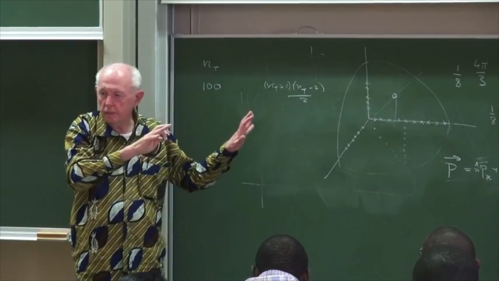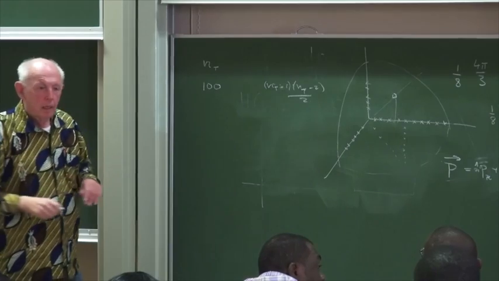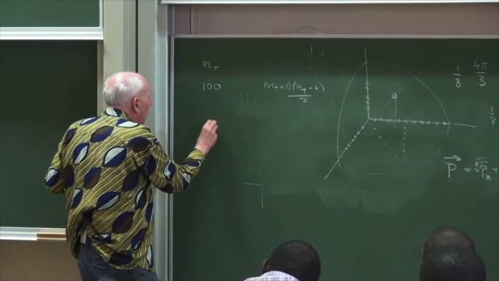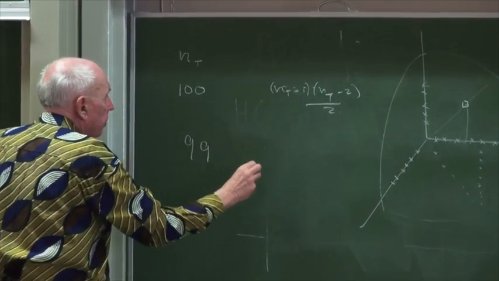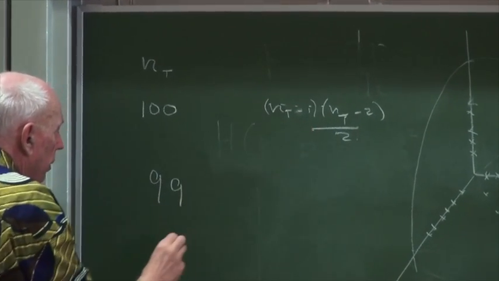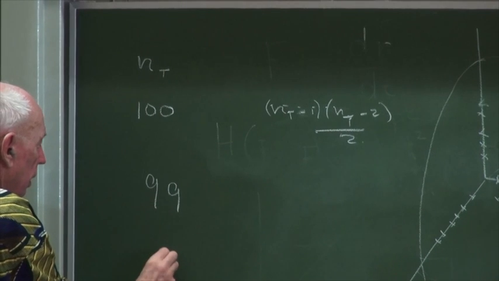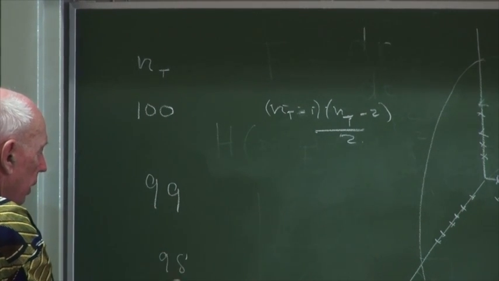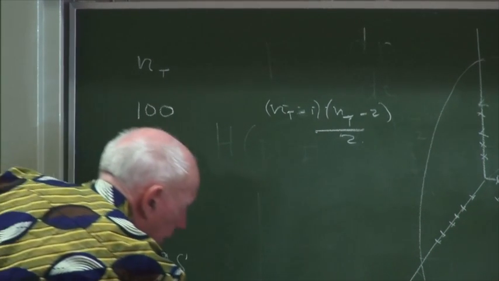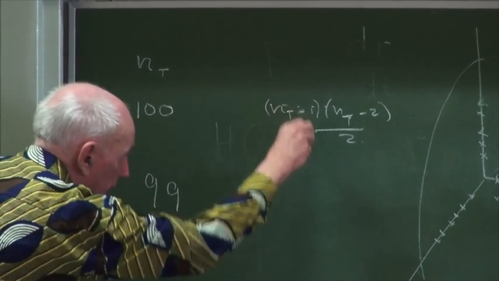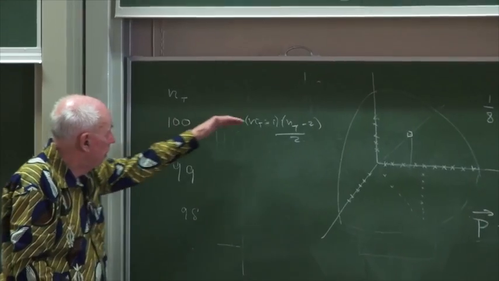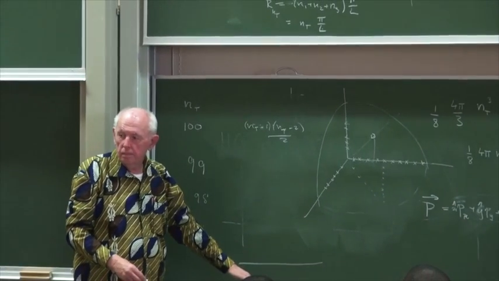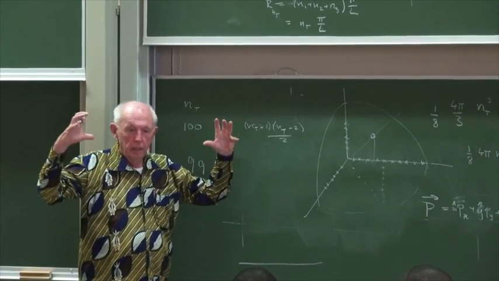Now you can calculate that with NT equal to 100, and with 99, and with 98, and so on. And I take all of these together and I sum them.